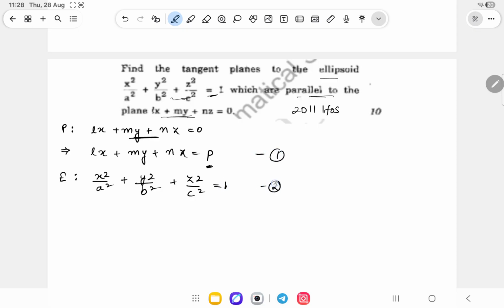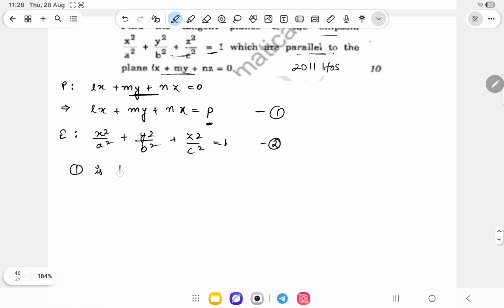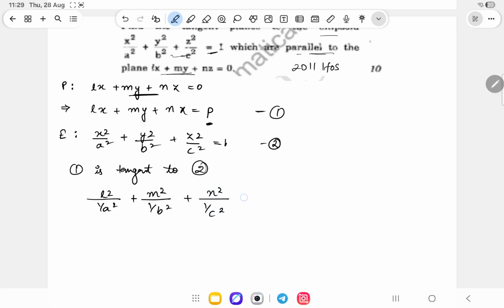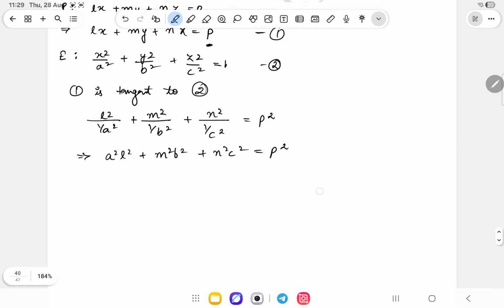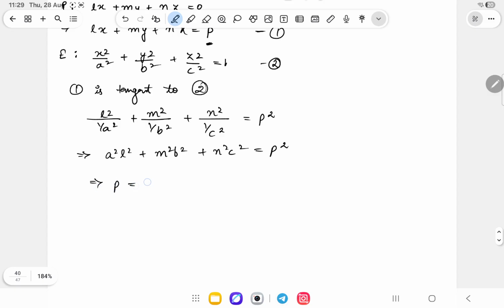So if 1 is tangent to 2, then using the tangency condition I'll get L square upon 1 by a square plus m square upon 1 by b square plus n square upon 1 by c square equals p square. If I simplify it, I'll get a square L square plus m square b square plus n square c square equals p square. So from here I'll get p as plus minus under root a square L square plus m square b square plus n square c square.